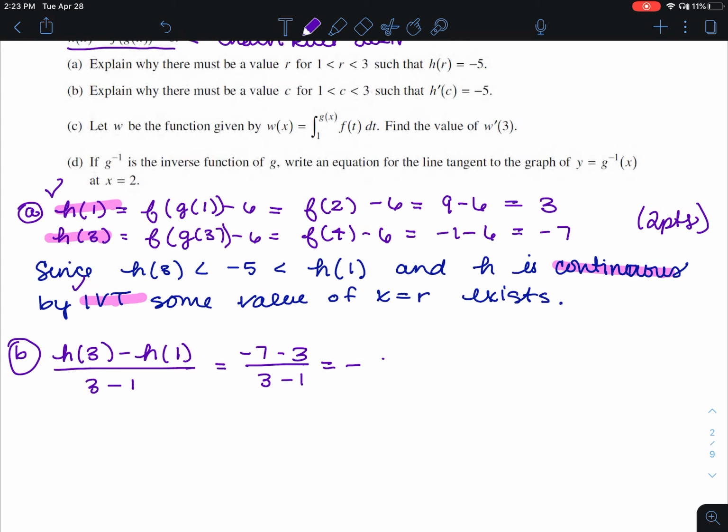I believe we get -5. And so because we get -5, and that's what we're looking for, we need to state that h is continuous and differentiable.